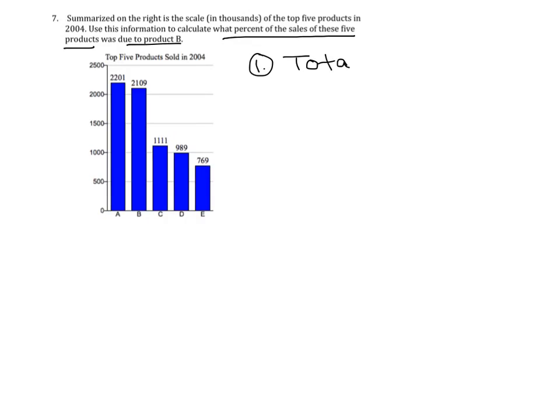To find the total sales, I'll add up each of these values.